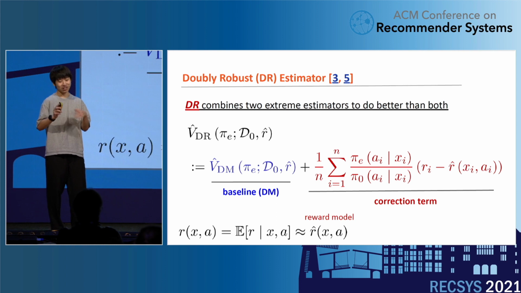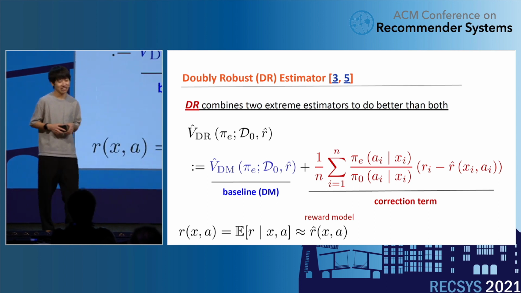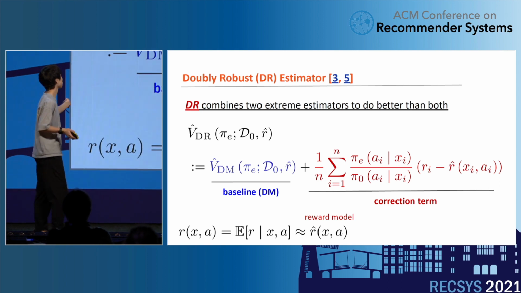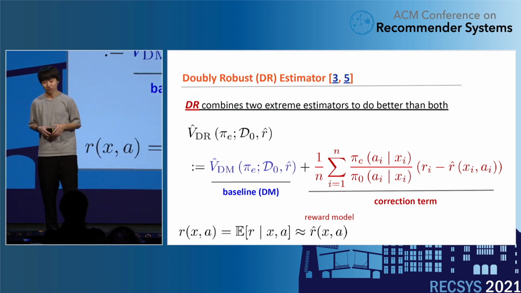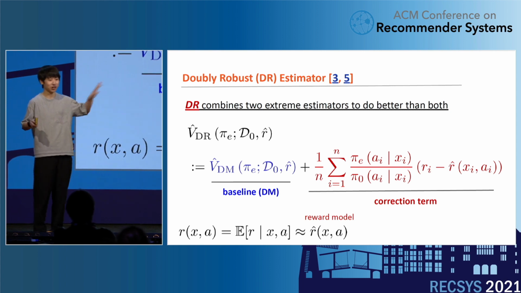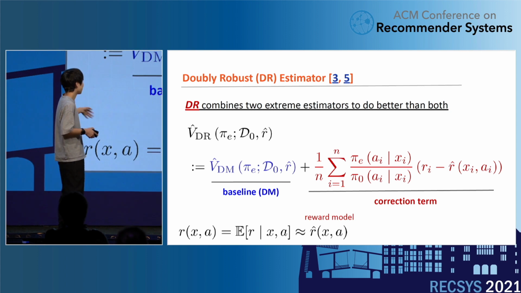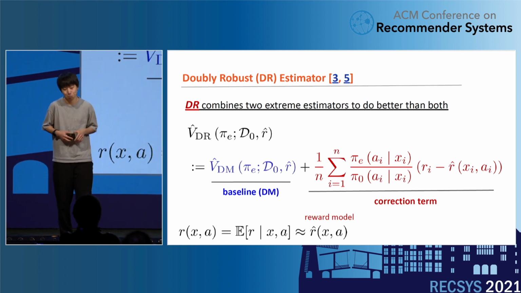When you look at policy evaluation papers on Google search, I guess you find many papers having doubly robust in their titles. There are some reasons making doubly robust such a popular estimator in the community. First, I think there are some nice, great theories behind it. Very roughly speaking, it is unbiased and consistent, and it also has a kind of variance optimality, which is great.